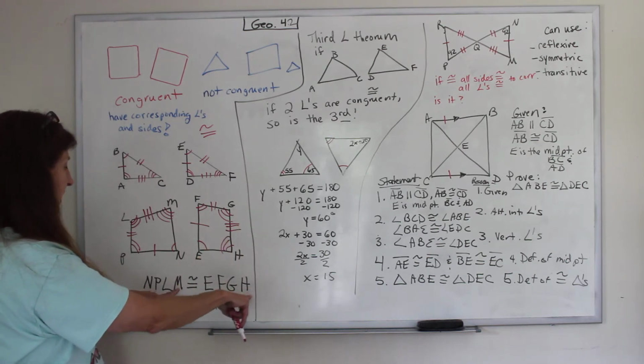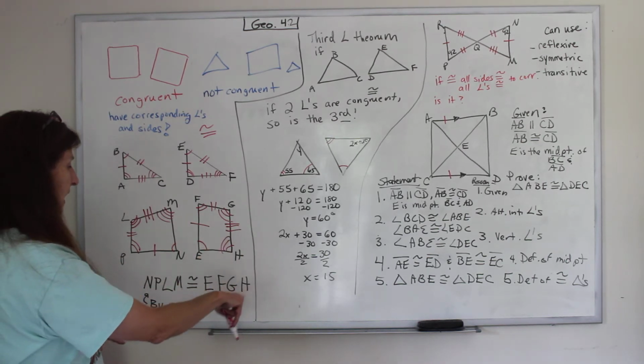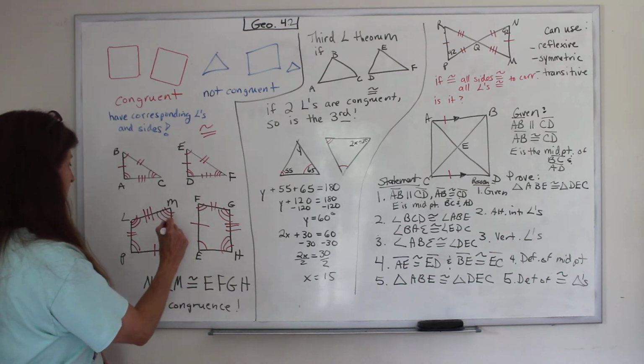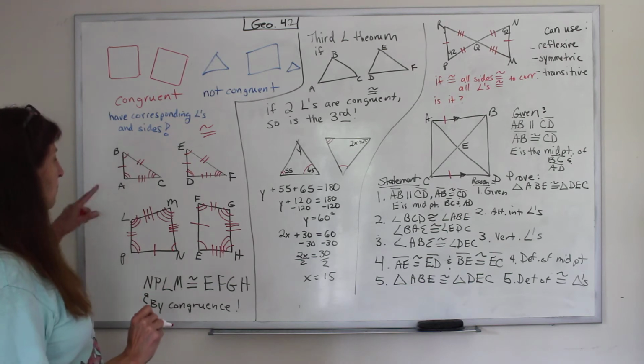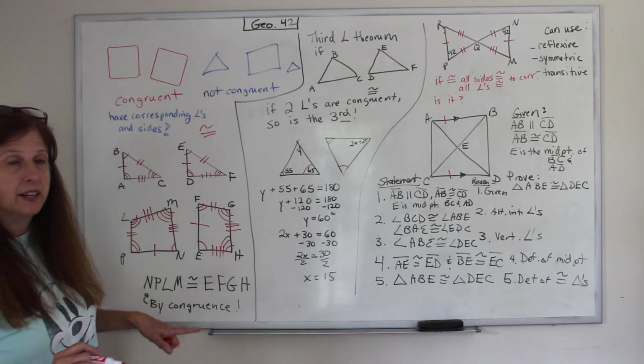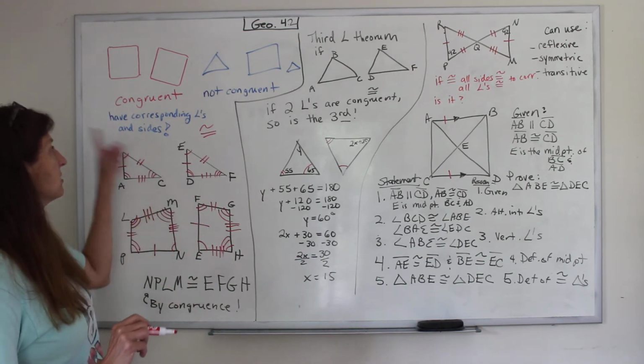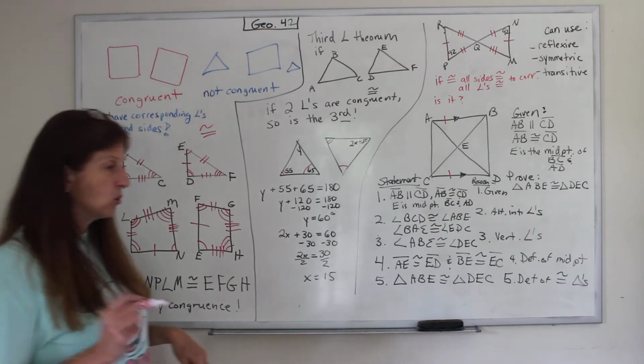Then the other side, MN and HE, are the same. So 1, 2, 3, 4, 1, 2, 3, 4. So by definition, these are corresponding because all angles and all sides correspond.